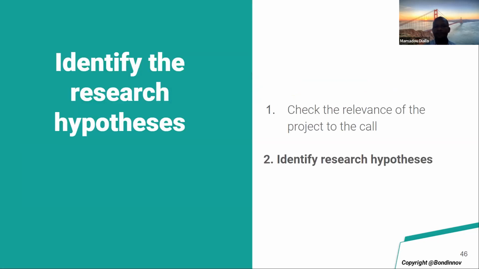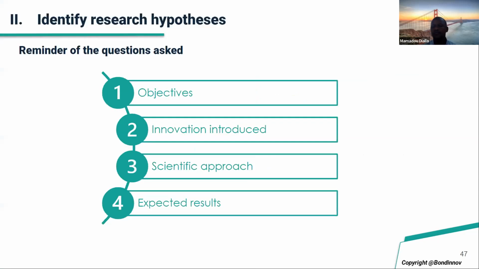After that, we talk about the last point, which is identifying the research hypothesis. Again, this is already mentioned in the project. You just have to adapt your question to what is mentioned in the project, according to what you have already seen, like the objective, innovation introduced, scientific approach, expected result.